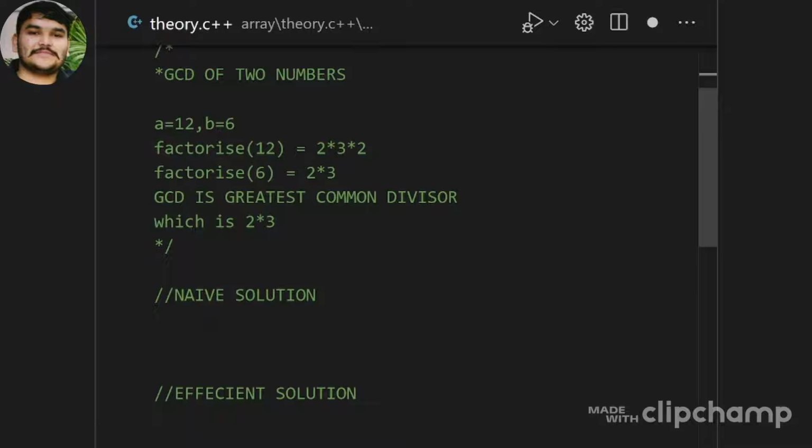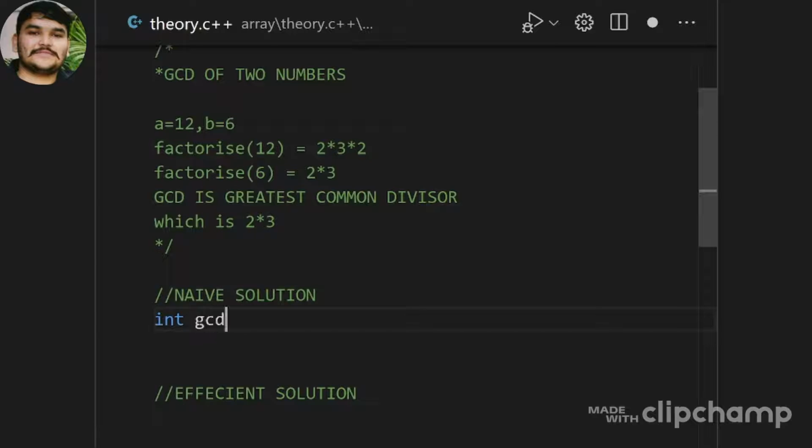We have to use a while or for loop and go iteratively, checking whether each number is divisible by that minimum number. If both the numbers are divisible by that number, then we have the GCD in our hand. If it is not, we go further. So let's try to code it.